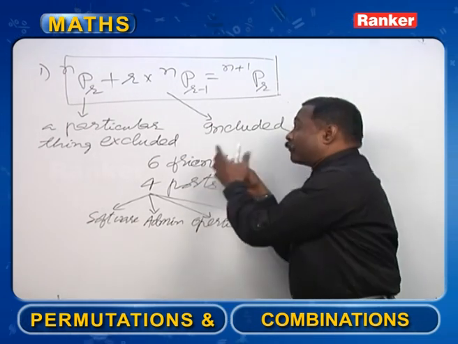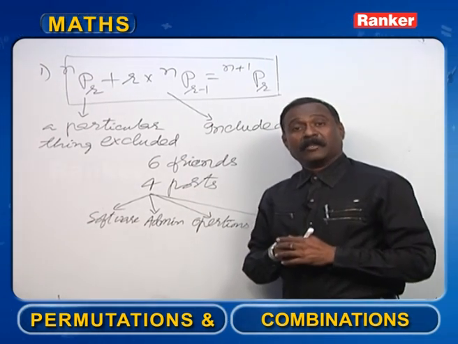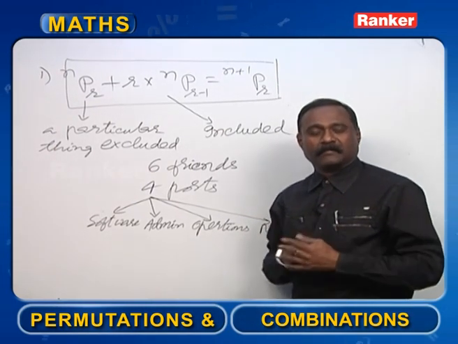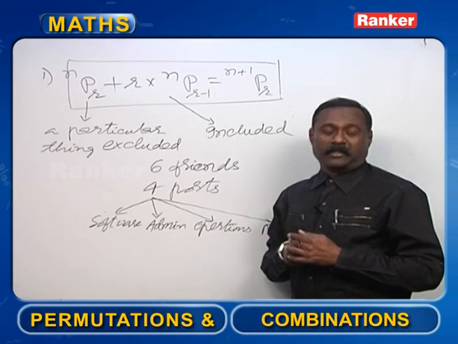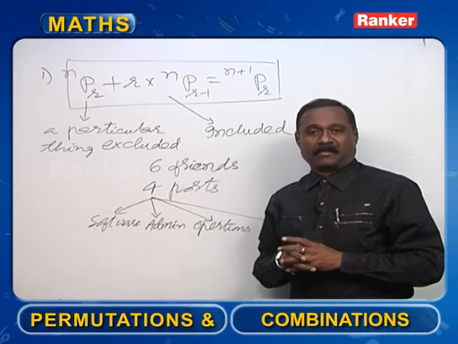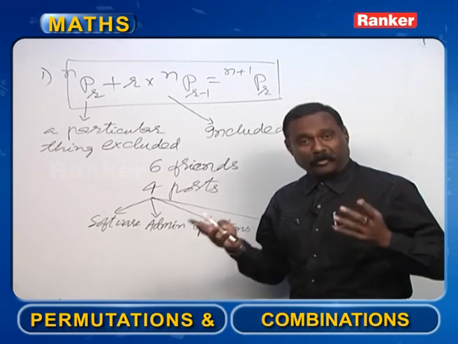Now, one of your friends has taken a recommendation from some minister. Then, when he takes the recommendation of the minister, he must be included in one of these posts because he has that recommendation.